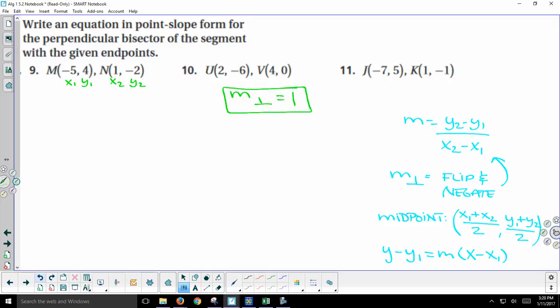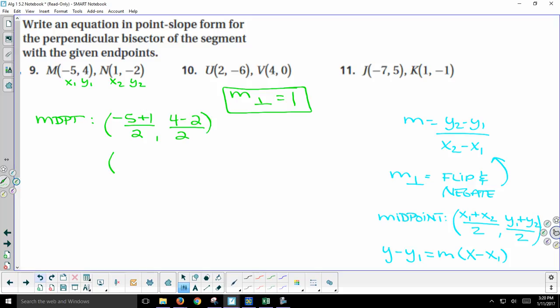The next thing I need to do is find the midpoint. The midpoint of MN happens at negative 5 plus 1 divided by 2, comma, the y value, so 4 plus y2, which is negative 2, so 4 minus 2 divided by 2.